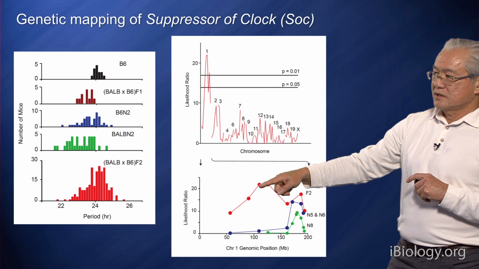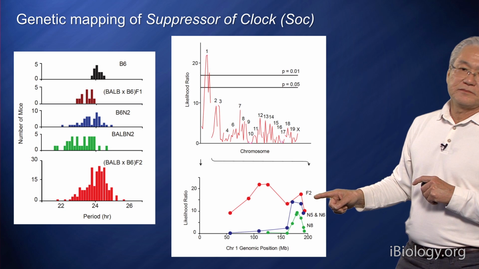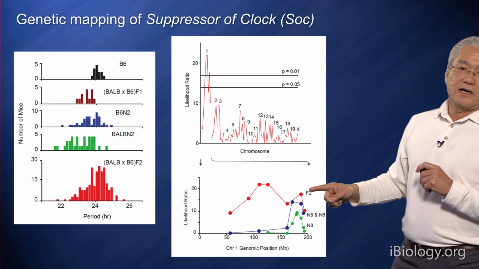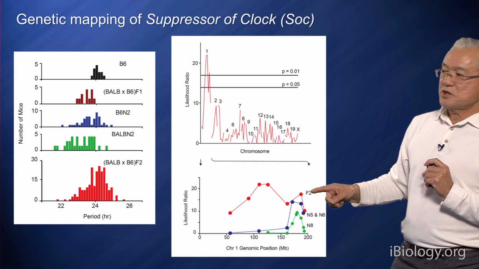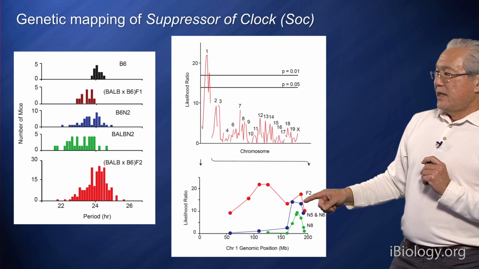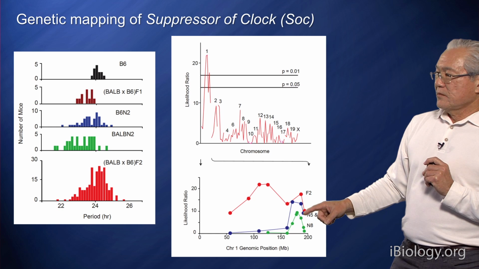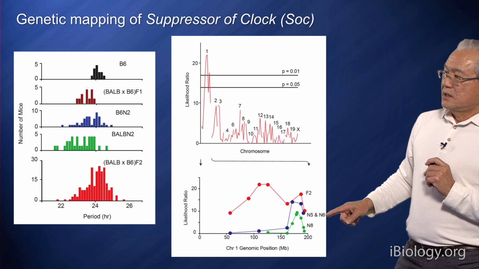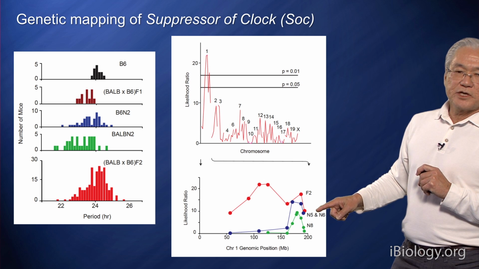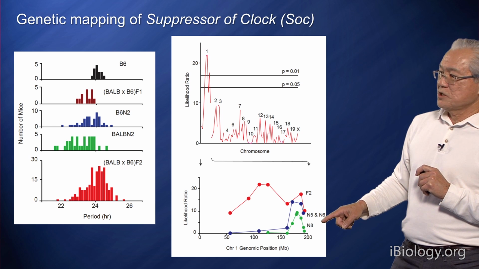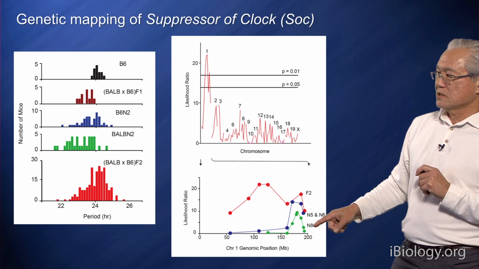It's very broad. It covers almost half the chromosome, which is 100 megabases. It's impossible to find the gene in such a big region. And then in blue and green are shown additional crosses that try to isolate this region of DNA for many generations, up to 8 generations of crossing.